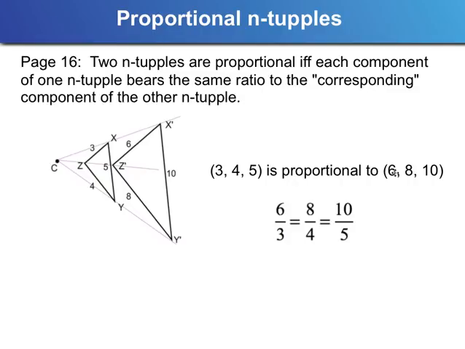I looked at the first component 6 and divided it by the first component in the other ordered triple, 3. And I did that again, 8 divided by 4 and 10 divided by 5. You'll notice that all of those ratios are 2. They are all equal, therefore 3, 4, 5 is proportional to 6, 8, 10.